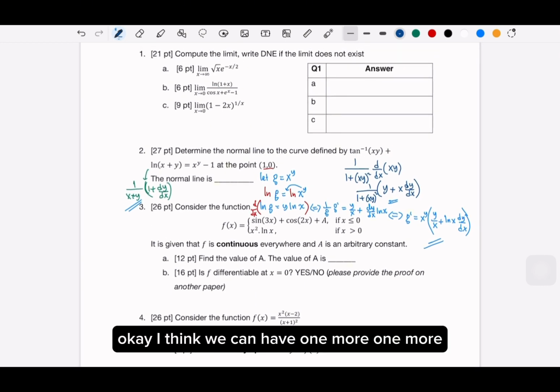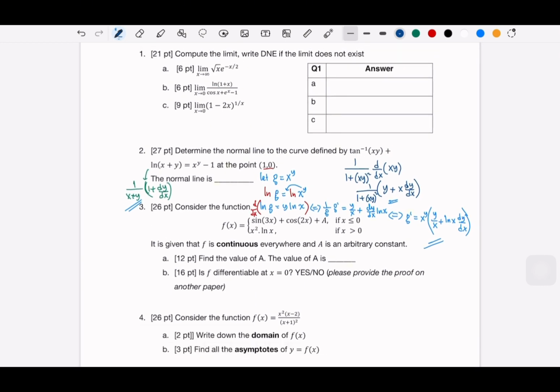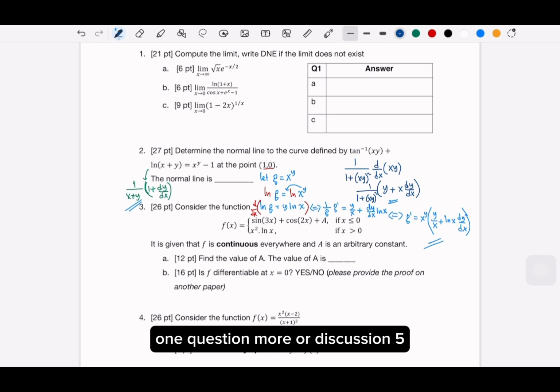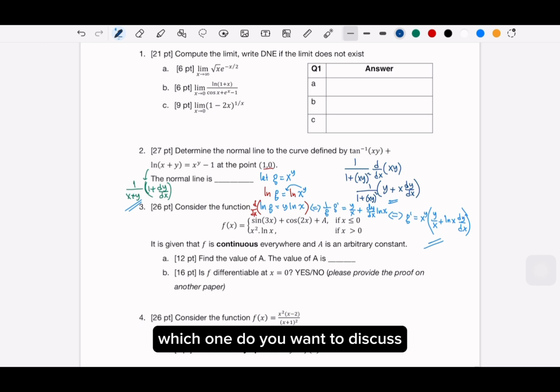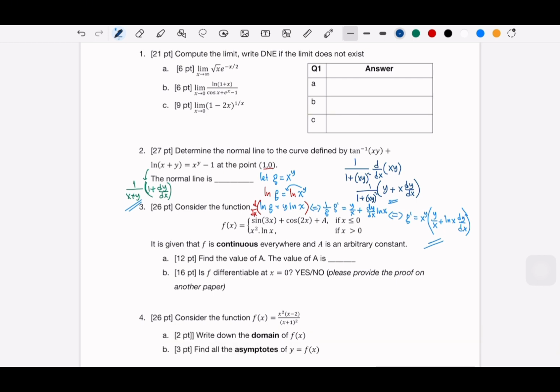Okay, I think we can have one more question for the discussion part. Which one do you want to discuss? Number 4, I hope you can practice.